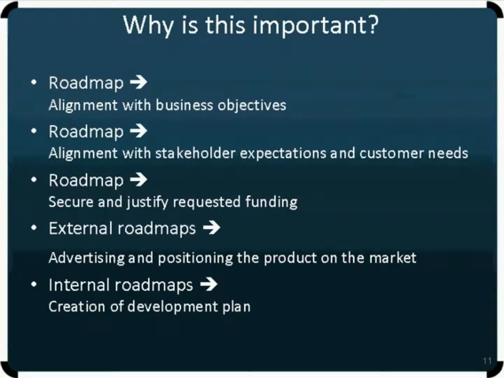So a roadmap helps you to achieve this alignment, and this is not important for just academic reasons. A better alignment of your products with the business objective, of course, increases the chance that you improve your business. We have the alignment not only with the business objectives, but also with all the stakeholder expectations and customer needs, which initially assumes you understand them, which is non-trivial by far. And secondly, it also asks for how to achieve them. And this is, again, something we are looking at today.